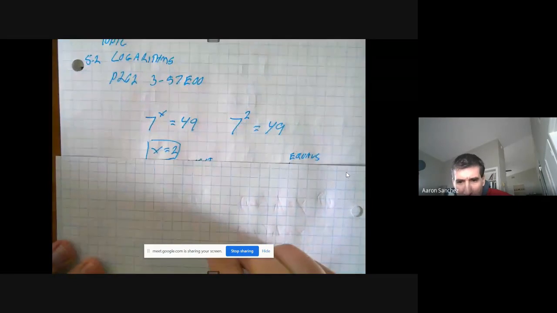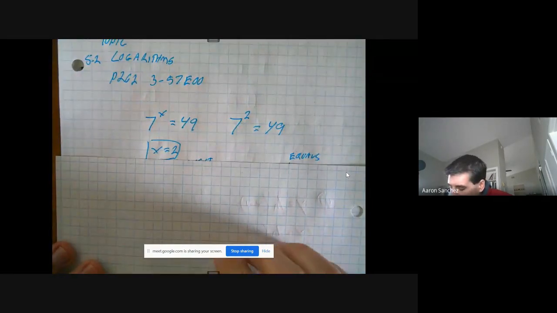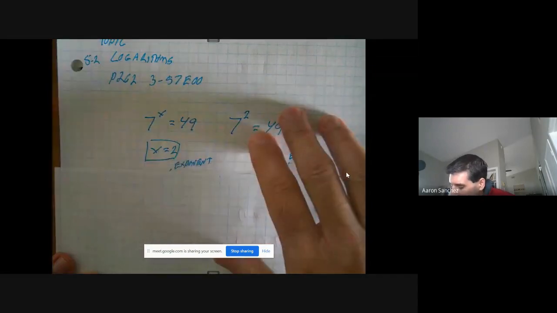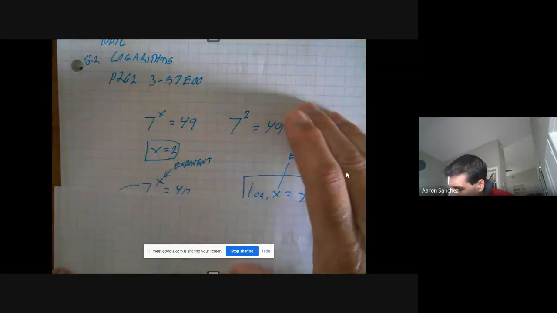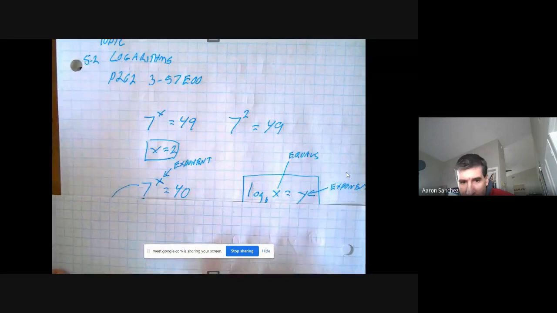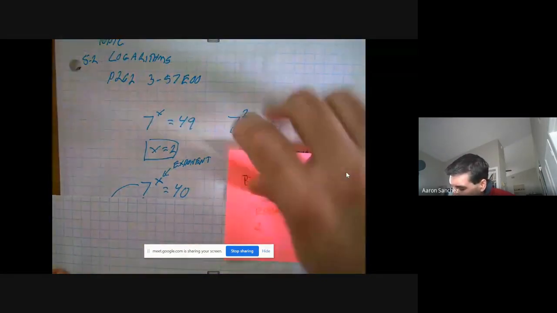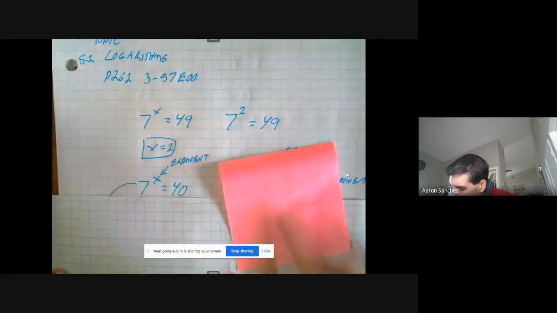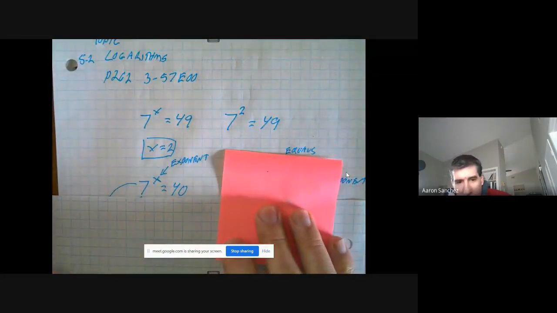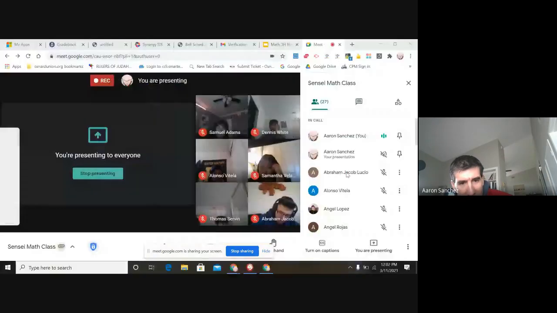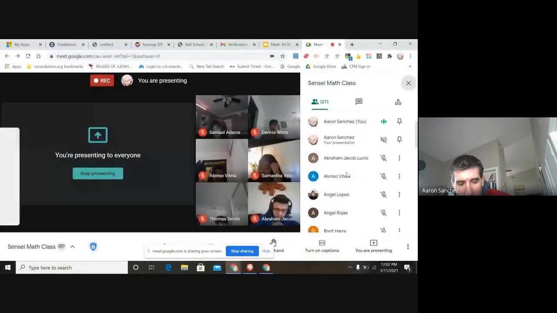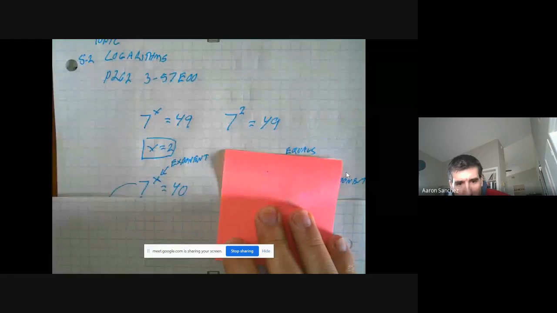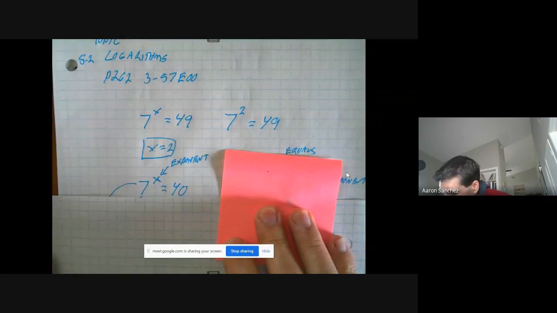You don't need to write this down. You can if you want. But what about this? What if I say 7 raised to the x power equals 40? What is x going to be equal to there? Exact numbers, please, Alonzo. 7 to what power equals 40?